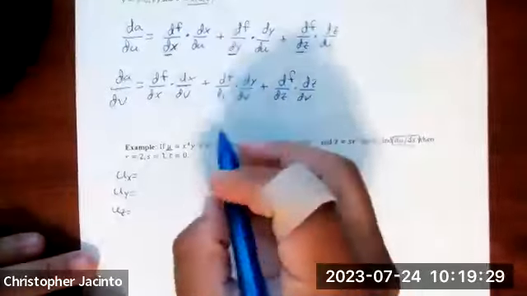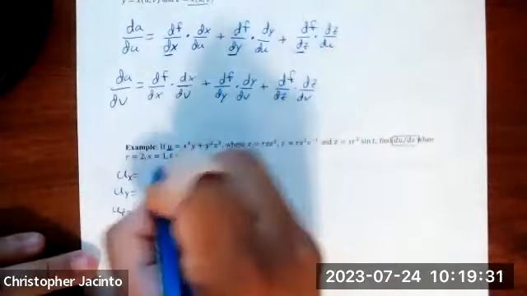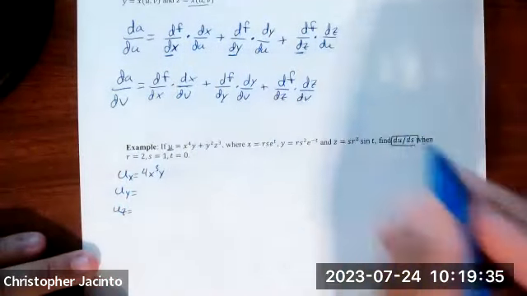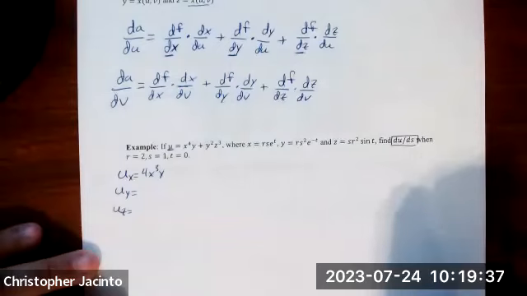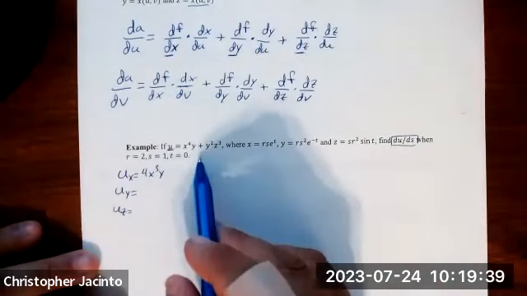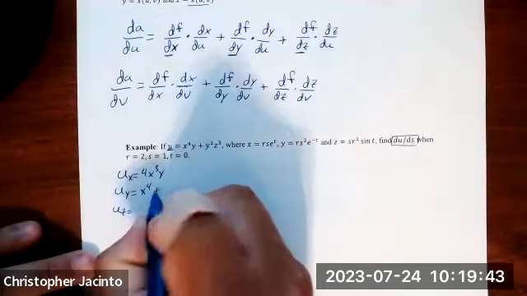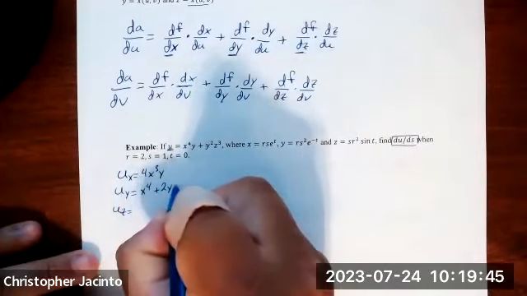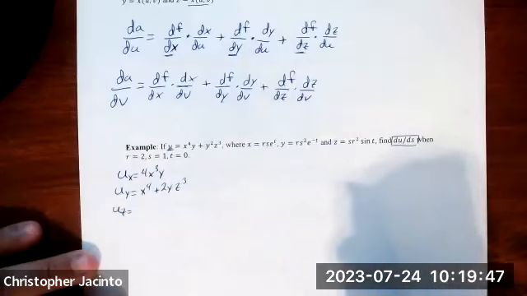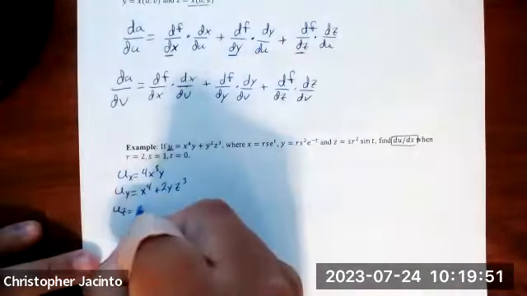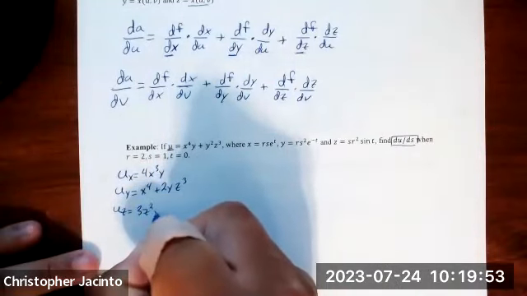Partial with respect to x, so it's going to be 4x to the third y, and everything else is gone. Partial with respect to y, so it'll be x to the fourth plus 2yz to the third. Partial with respect to z, so that's gone. So you get 3z squared y squared.